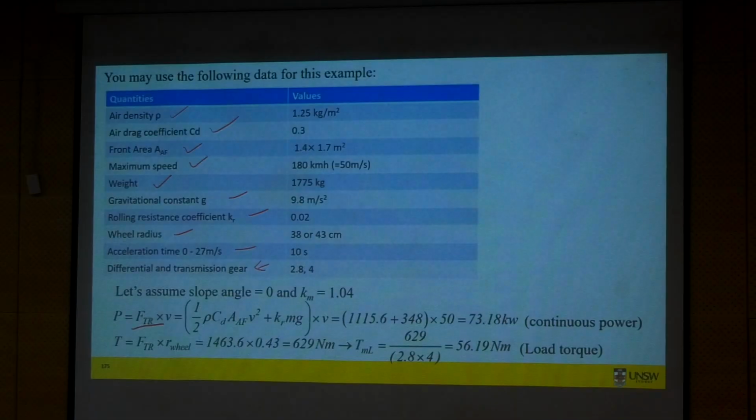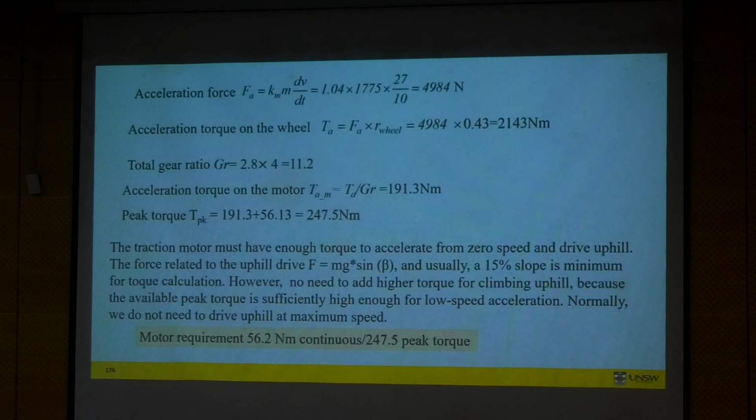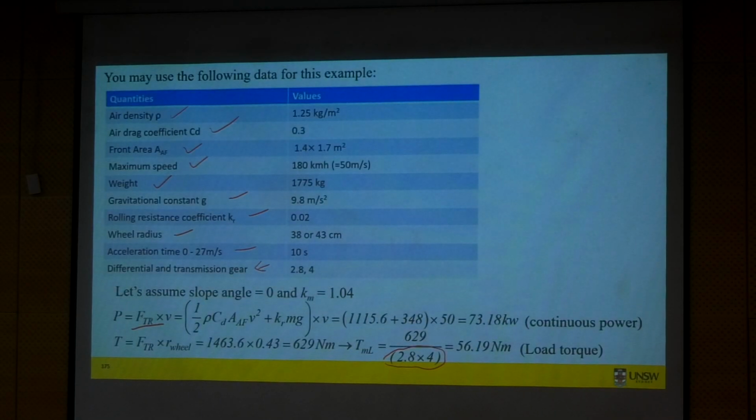And then after using the gear ratio, the peak torque is also calculated. When we calculate peak torque, the acceleration force is now considered and added together. So peak torque is 247 compared to 56. Peak torque is nearly 4 times.